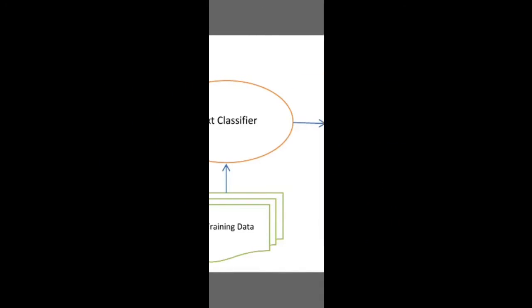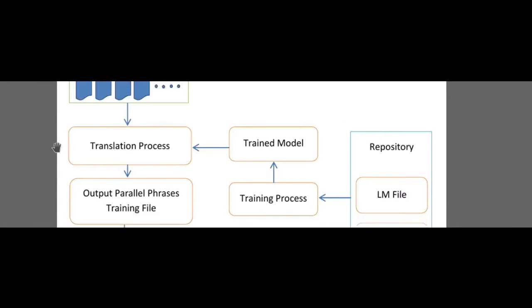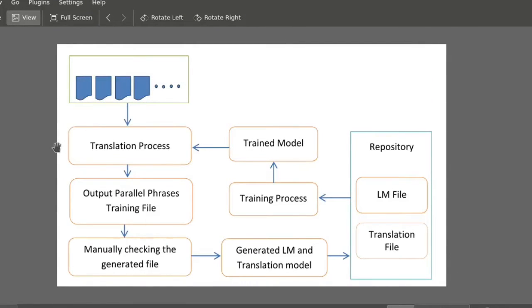So this is the diagram of the complete training and translation system, where we have shown that we are putting Urdu monolingual text into the system one by one, and the translation process generates some parallel phrase training files. They obviously contain many unknown words that we need to check manually and translate into the target language. And we are again providing this into the system's repository.